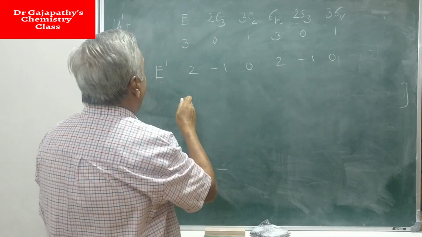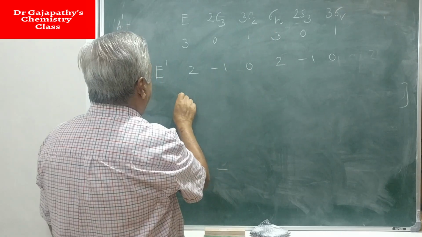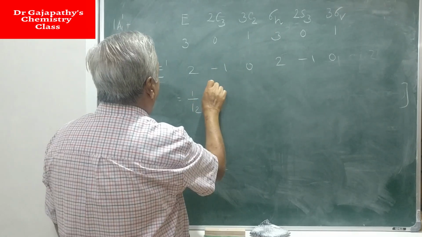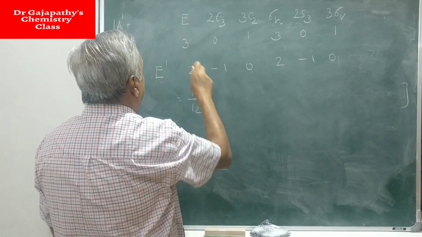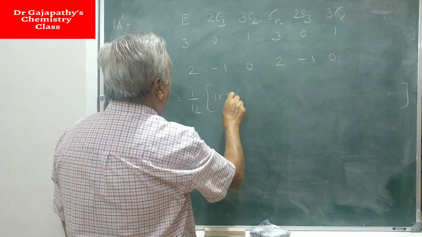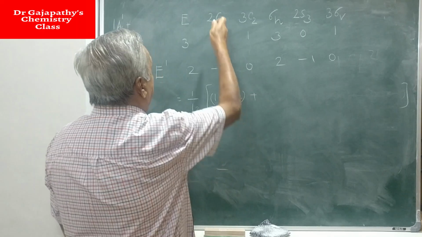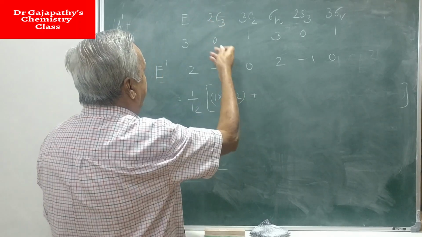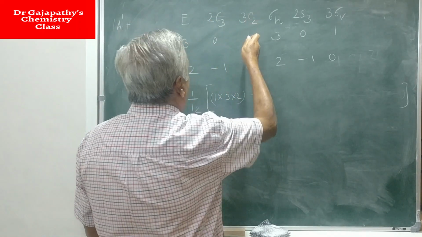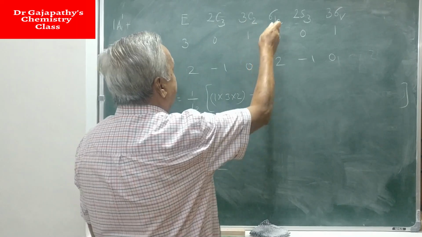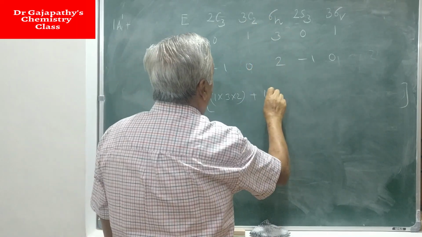So let me find out how many E primes are present in this: 1 by 12 into 1 into 3 into 2, plus 2 into 0 into minus 1, 0, I leave it. 3 into 1 into 0, 0, I leave it. 1 into 3 into 2.